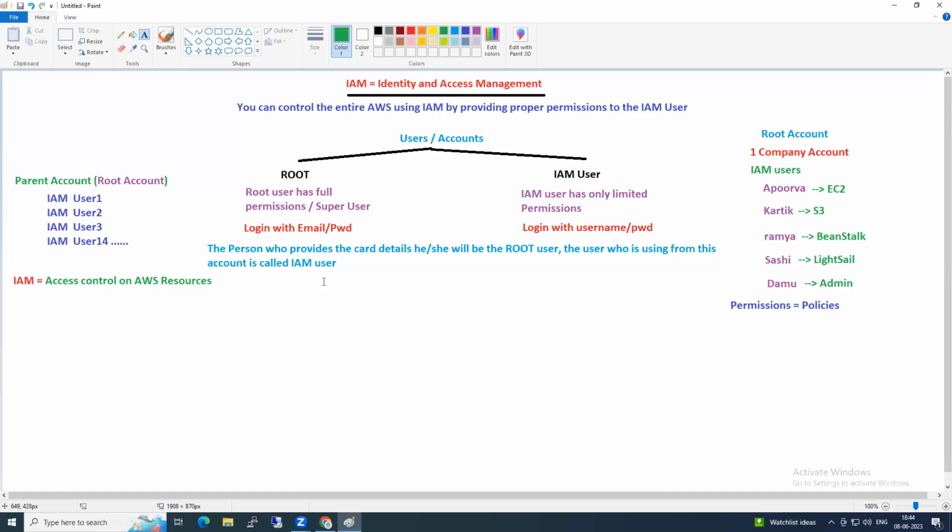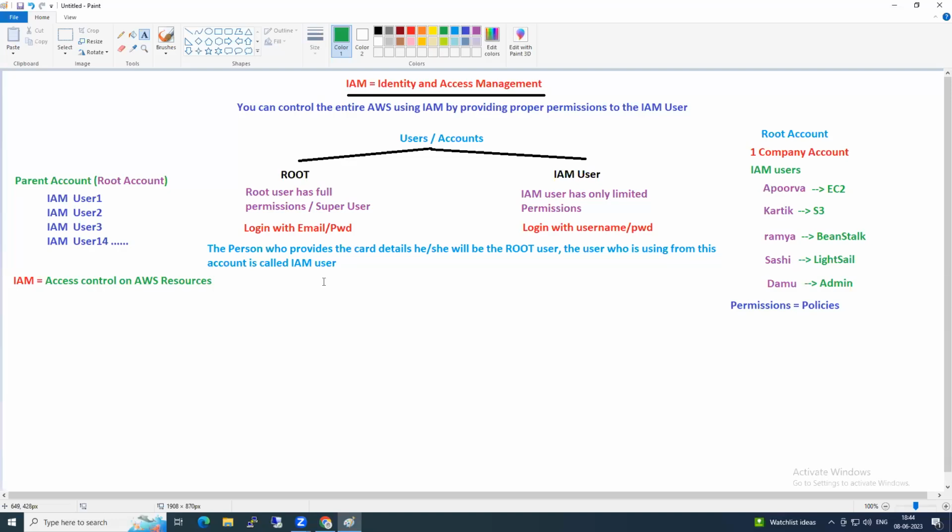Option A, Apurva. Option B, Damu. Option C, Apurva and Damu. And option D, none. So here the answer is C.